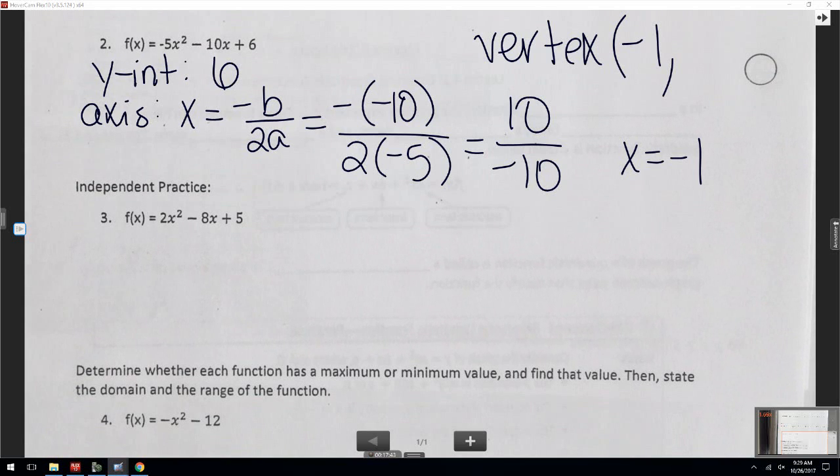All right, so type in negative 5x squared. Subtract 10x. There you go. X squared, and subtract 10x. Negative 5x squared, subtract 10x, and then what was the rest of it? Plus 6.